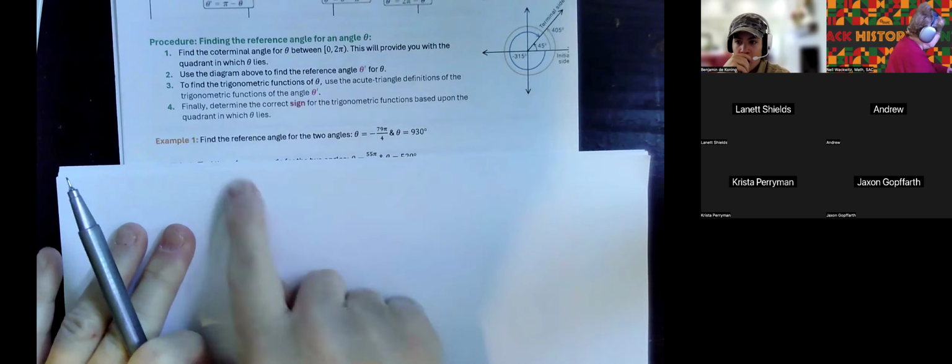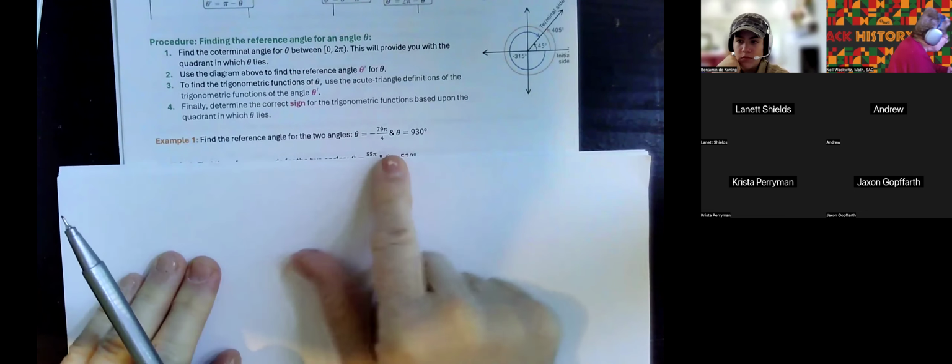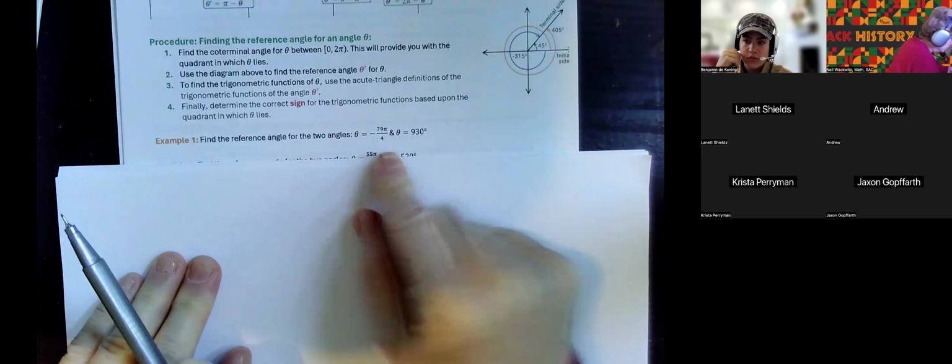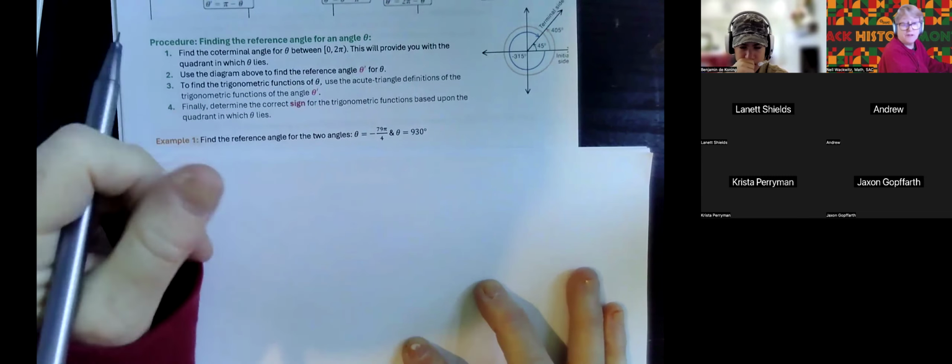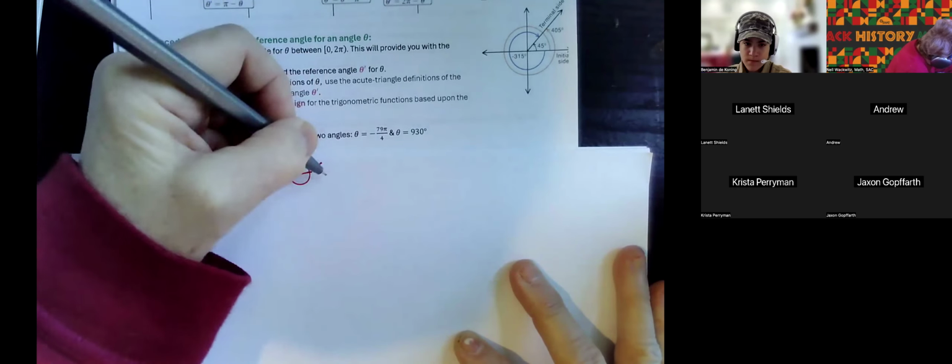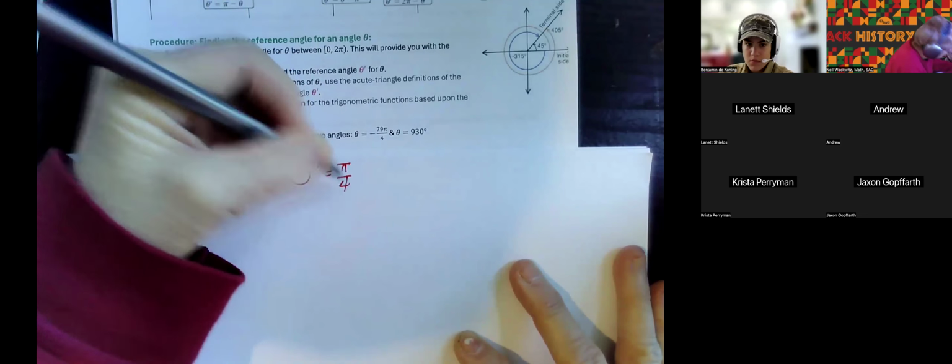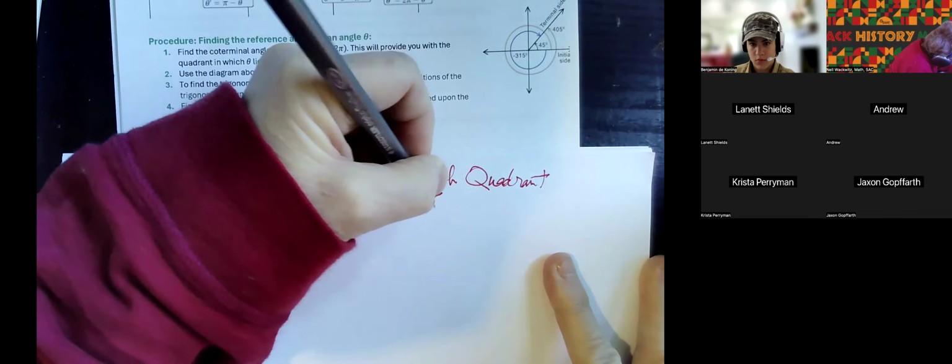So for instance, to find the reference angle first for negative 79 pi over 4, there are two things I need. I know that theta prime is pi over 4. So the only other thing I need is in which quadrant is the original theta.